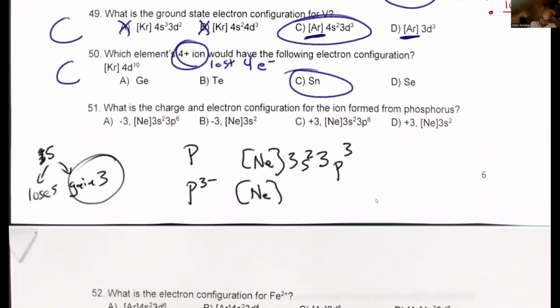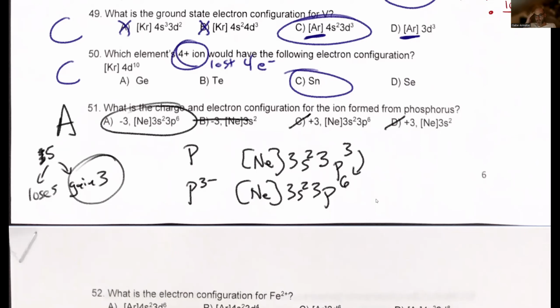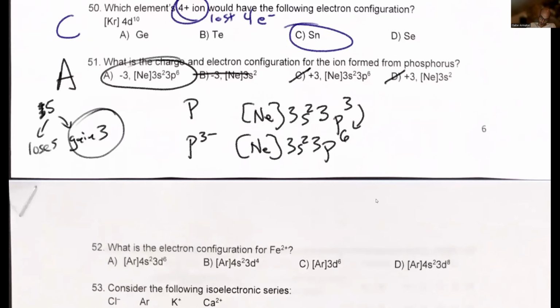Nothing changes, neon's still here, 3s2, and in order to gain electrons, I need 3p6. So we do expect it to be 3-, so we can eliminate C and D. It gains electrons, so we're going to call this A, 3- with the configuration 3s2, 3p6.